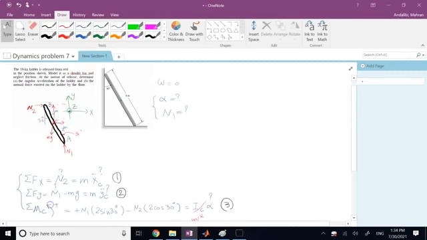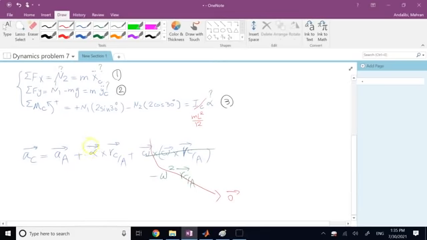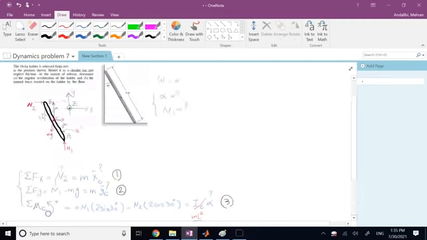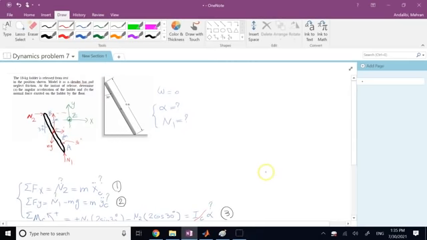What is alpha? Well, alpha I don't know, but here I can assume it's in the positive k direction. It's either positive k or negative k. Let's assume it's positive k. And r of C with respect to A, clearly it connects A to C. So if this is my ladder, and this is C, and this is A, that's this vector, right?